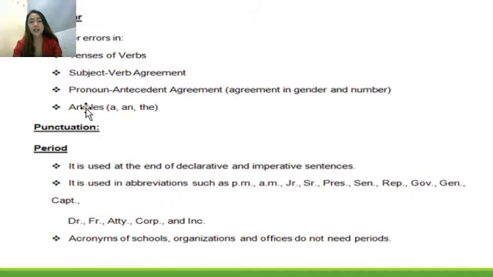And the grammar din guys, the tenses of verb, subject-verb agreement. Kasi minsan hindi natin napapansin, nagkakamali na tayo dyan. The articles, the punctuation, the period, it is used at the end of declarative and imperative sentences. It is used in abbreviations such as PM, AM, junior, senior, so we could use it.